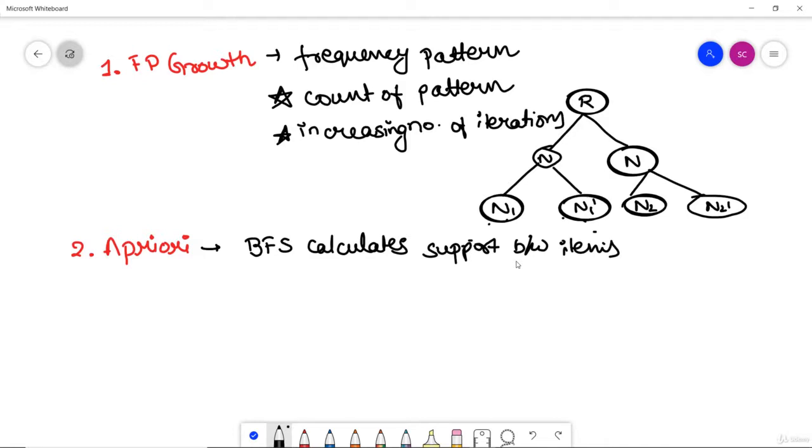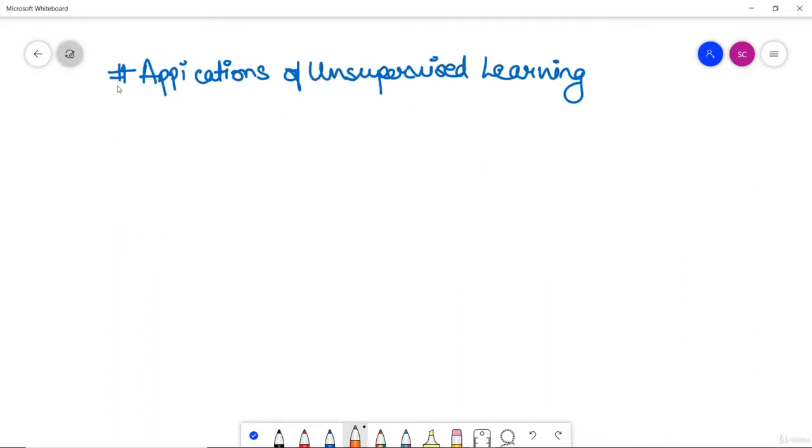Lastly, we are going to discuss several applications of unsupervised learning. Where is unsupervised learning so much in use? As we studied, it helps us to understand several patterns. While it helps us to understand several patterns, it is also used for clustering of data, such as in online shopping sites.